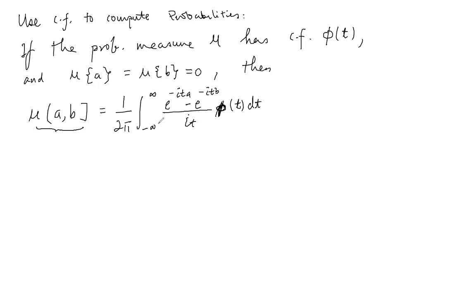Okay, because you know that if you have some integral, the integral of this is basically bounded by the integral of the absolute value. Since the absolute value of mu is positive anyway, this will be bounded by this term.